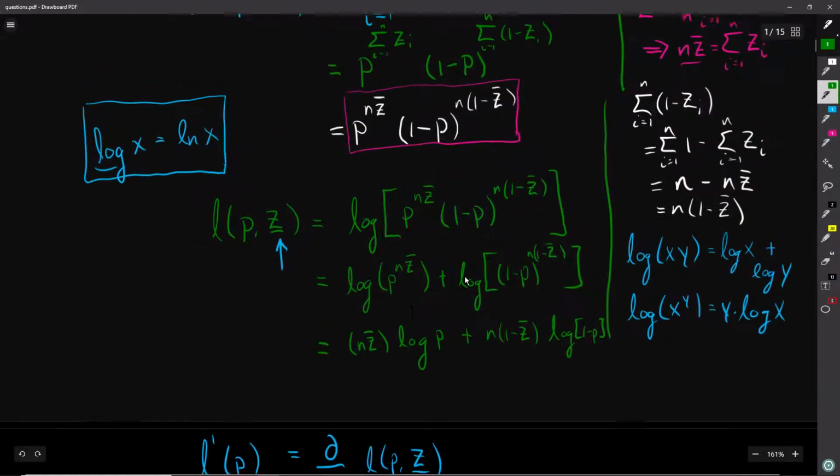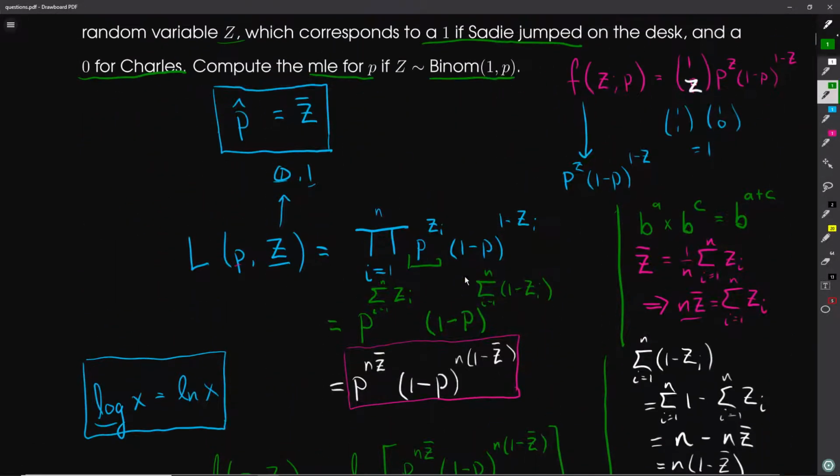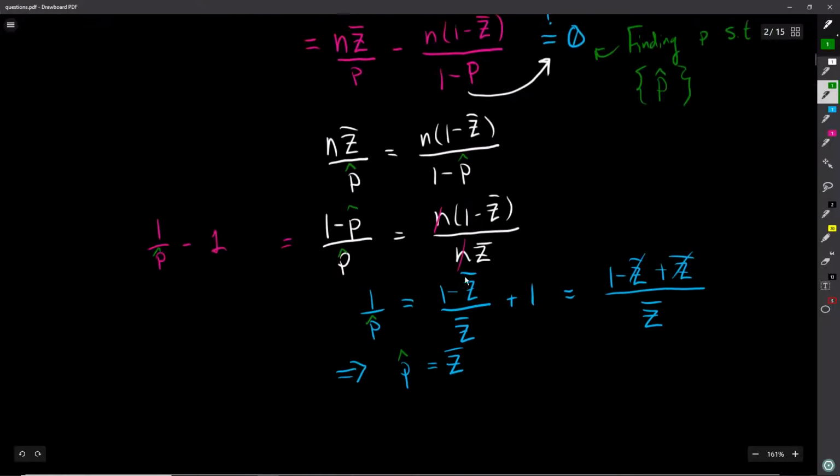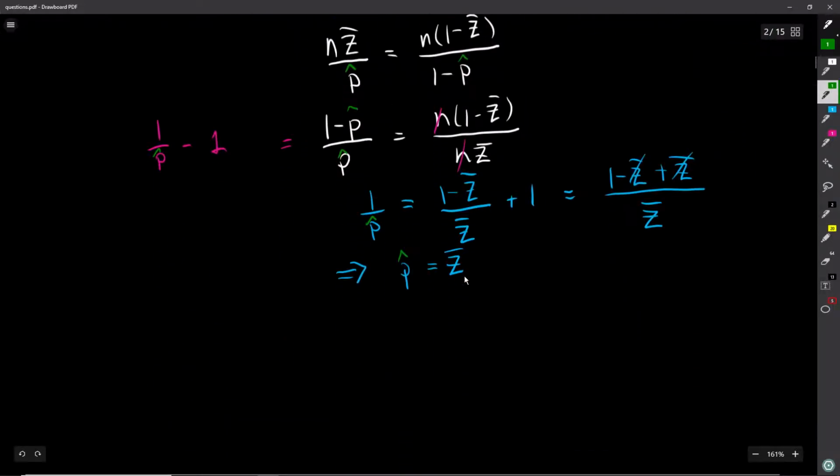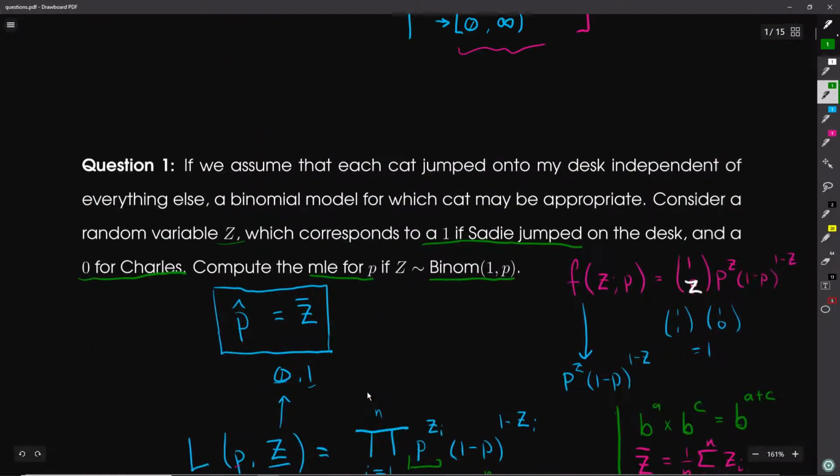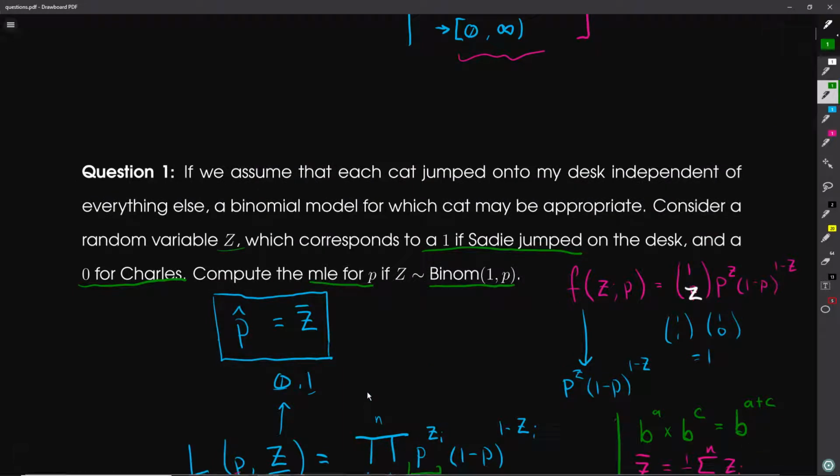Now this again was all shown in the notes, but I hope that walking through it in explicit detail here at least reinforces some of these ideas. But ultimately what we're seeing is that the maximum likelihood estimate is the mean, z bar. So what we can do then to answer our question, which to remind us is we want to know what the estimate is where this p is representing the probability that it's Sadie jumping up.